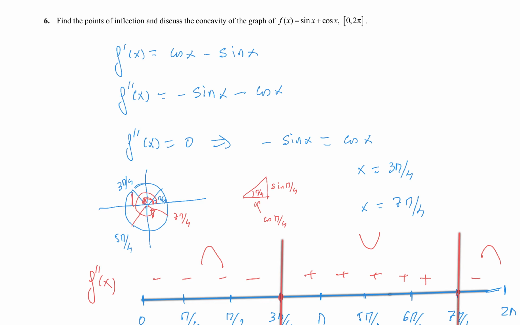They have the same value when the angle is 45 degrees or a multiple of 45 degrees, like 3 pi divided by 4 or 7 pi divided by 4.